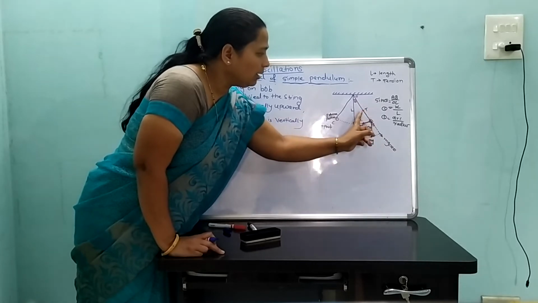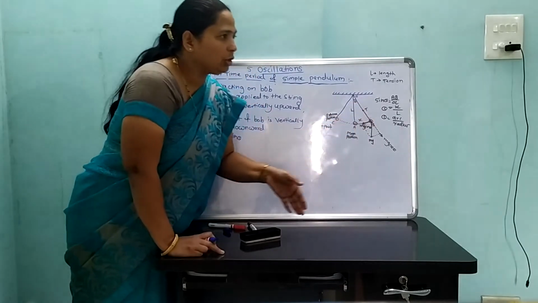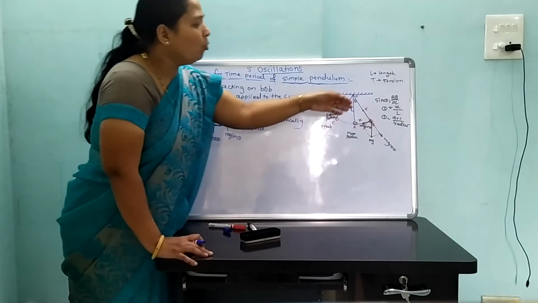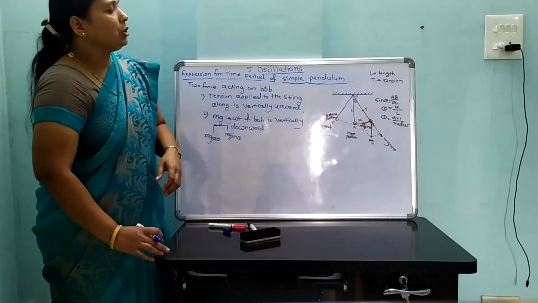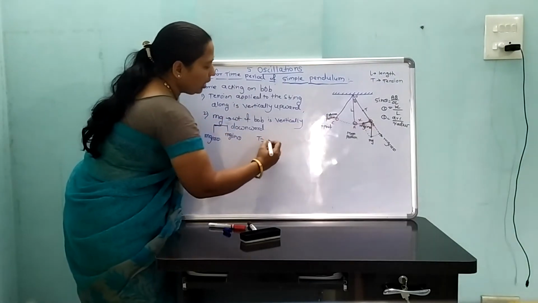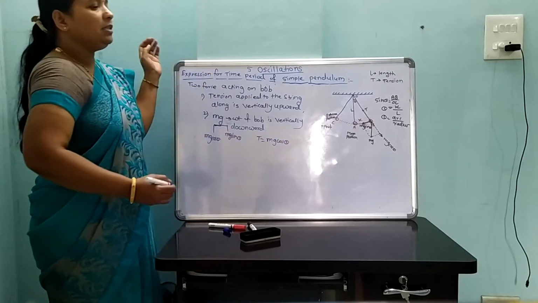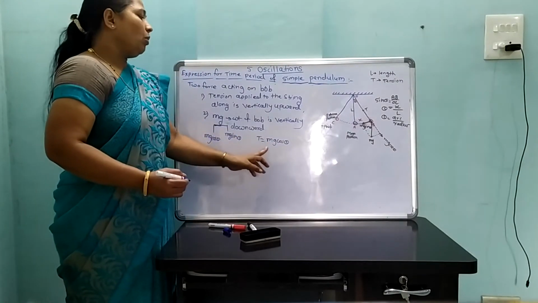Mg cos theta is along the string but in the vertically downward direction. Therefore, T is equal to Mg cos theta.